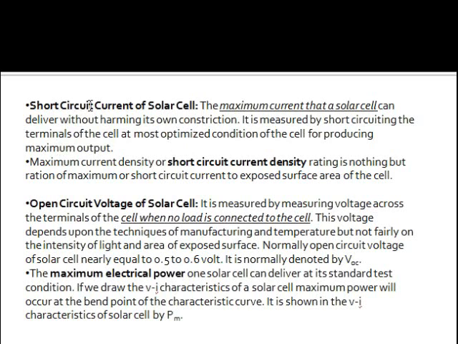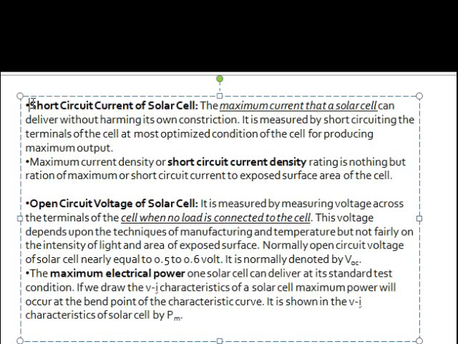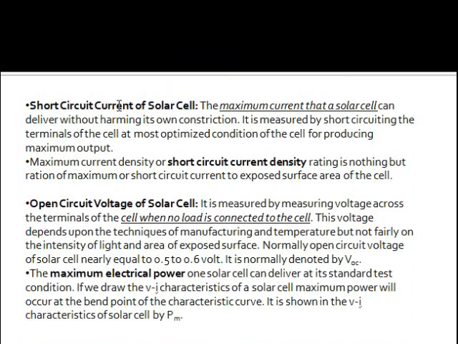So this is the short circuit current, where we see the maximum current in the solar cell without any damage in the circuit. Then we have maximum current density. You just divide this by area. So current density is nothing but the maximum short circuit current divided by area.